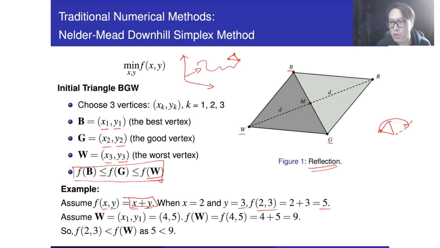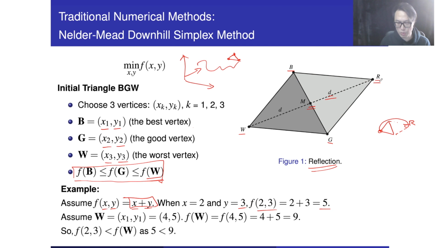We flip this point to this point, and we call this R. We flipped along the BG side. What we are going to do is find the midpoint right here, and then according to the midpoint, we find the distance, and flip the triangle by the same distance D. We can find R.